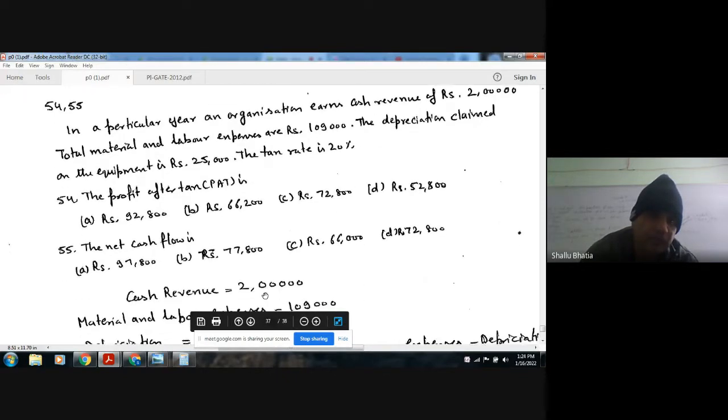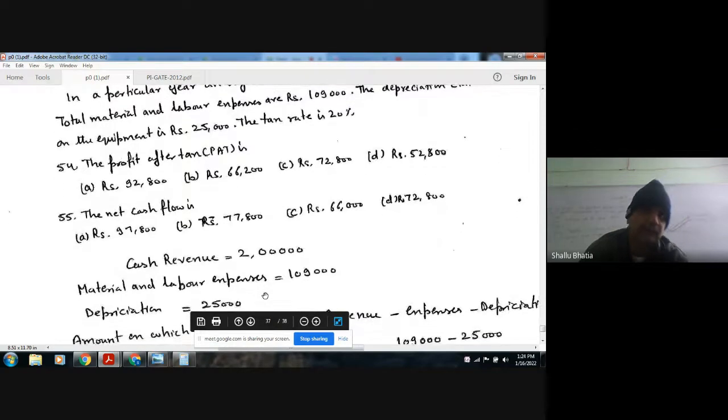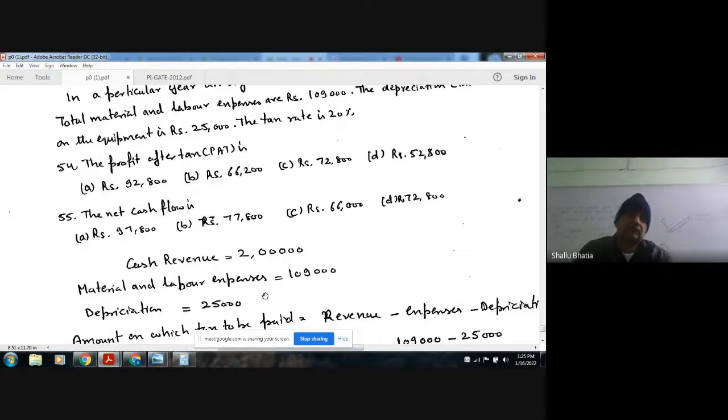The profit after tax, PAT, is option A rupees 92,800, B rupees 66,200, C rupees 72,800, D rupees 52,800. Net cash flow is option A rupees 97,800, B rupees 77,800, C rupees 66,000, and D rupees 72,800.